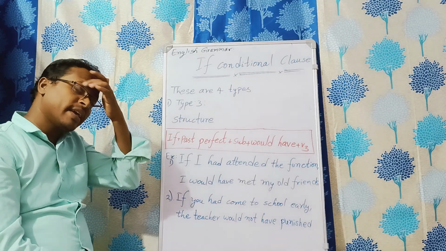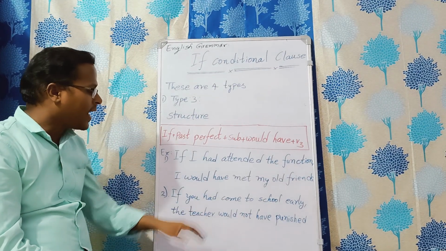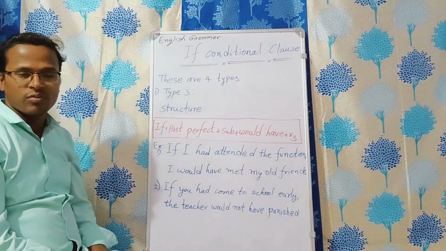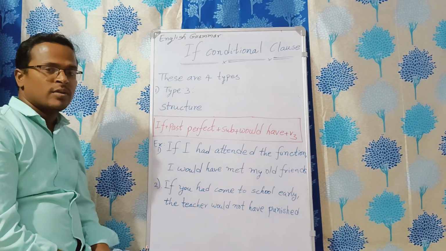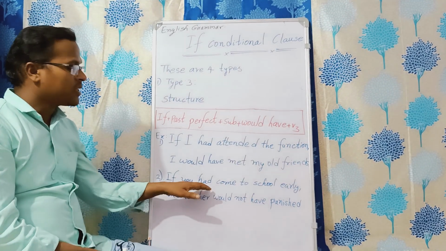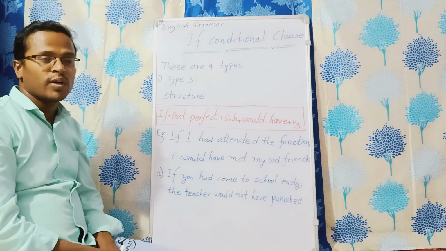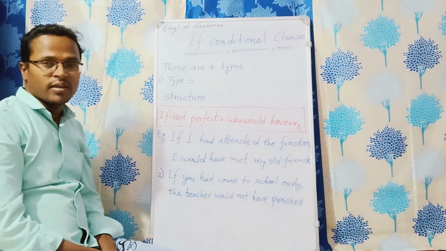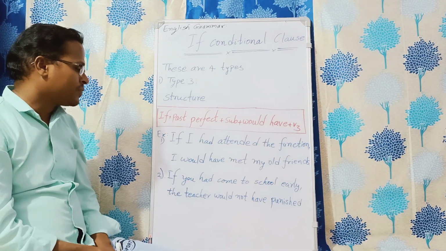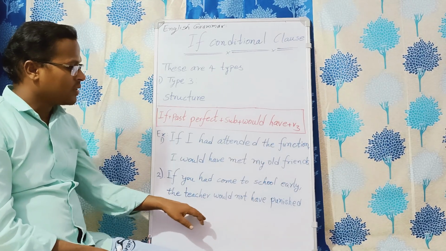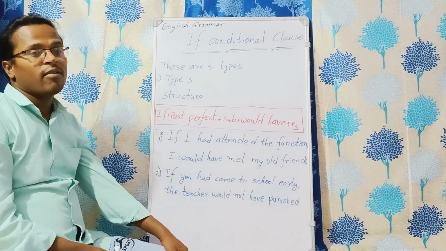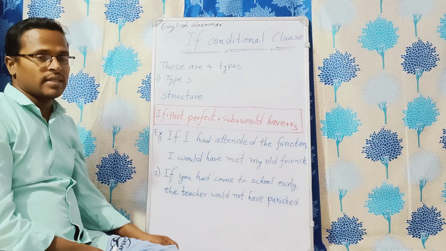And when we go to the next example, if you had come to school early, the teacher would not have punished you. See what happened actually in the past, he didn't come to school early, the teacher punished him. So the thing is only the past happening. It might have happened in the past.